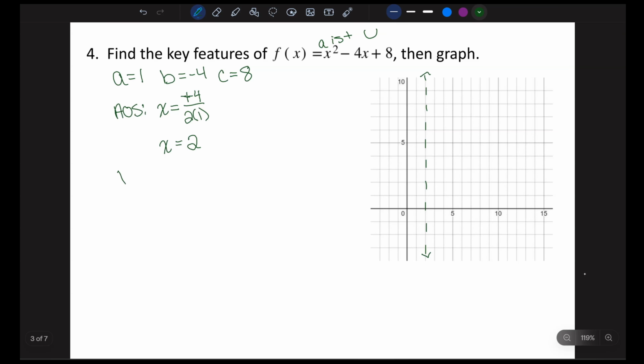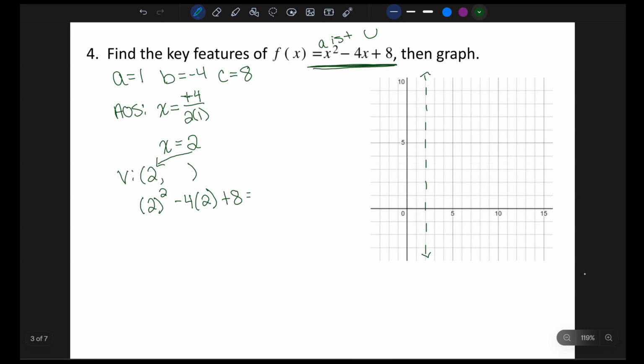All right, then I'm going to find my vertex. Well, I know that my vertex is going to have an x value of 2 because it always matches my axis of symmetry. That's because it goes straight through the vertex. So to get my y value, I'm going to take that equation that I was given and plug in 2. So I have 2 to the second power minus 4 times 2 plus 8.